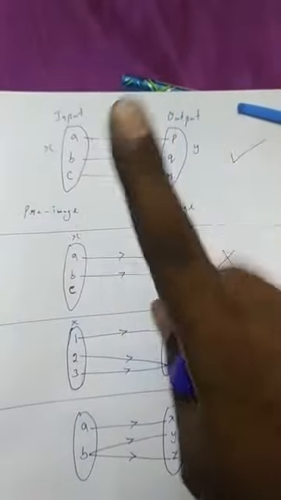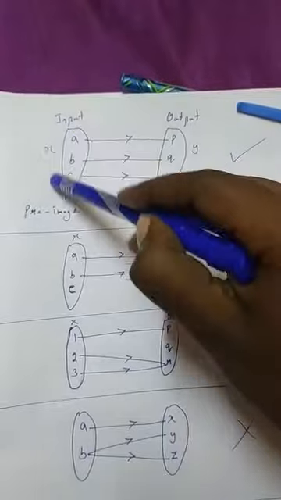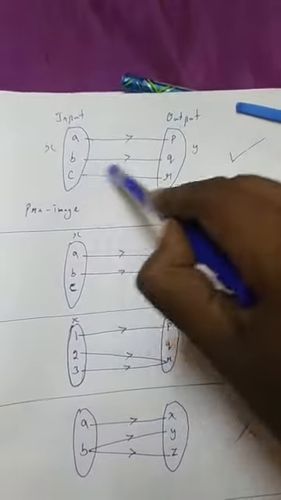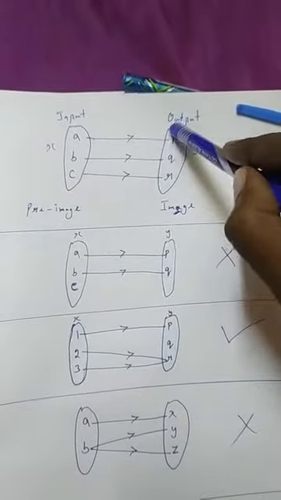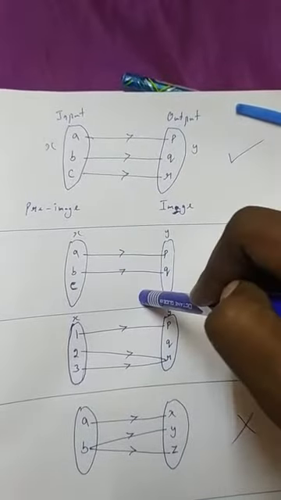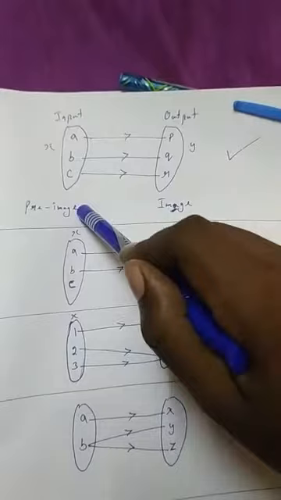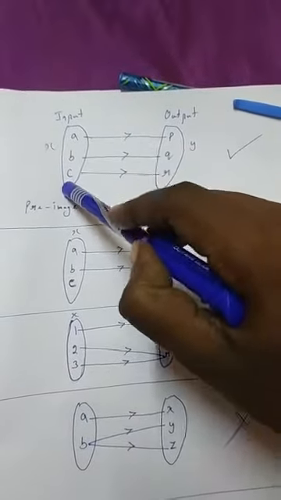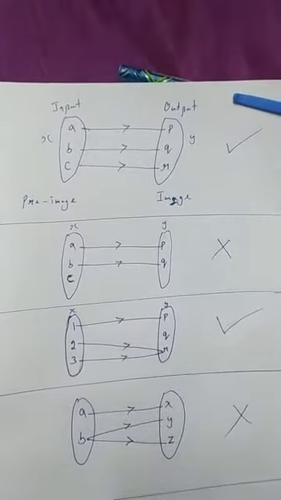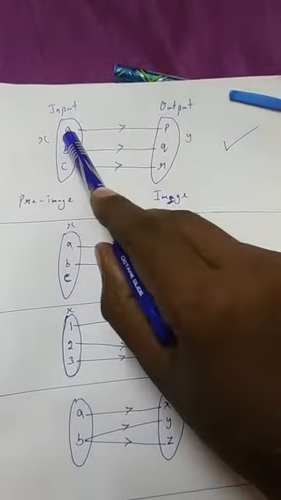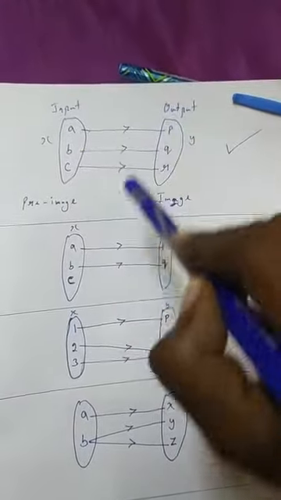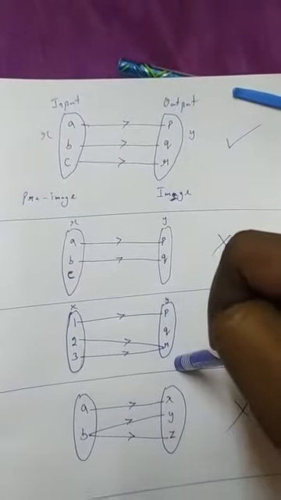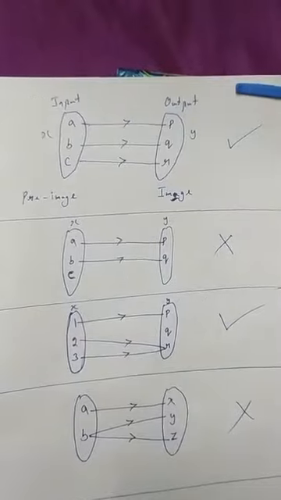The second condition is that it should be unique. Unique means the elements in the domain must have only one image. A has only one image, B only one image, C only one image. Therefore it is a function.